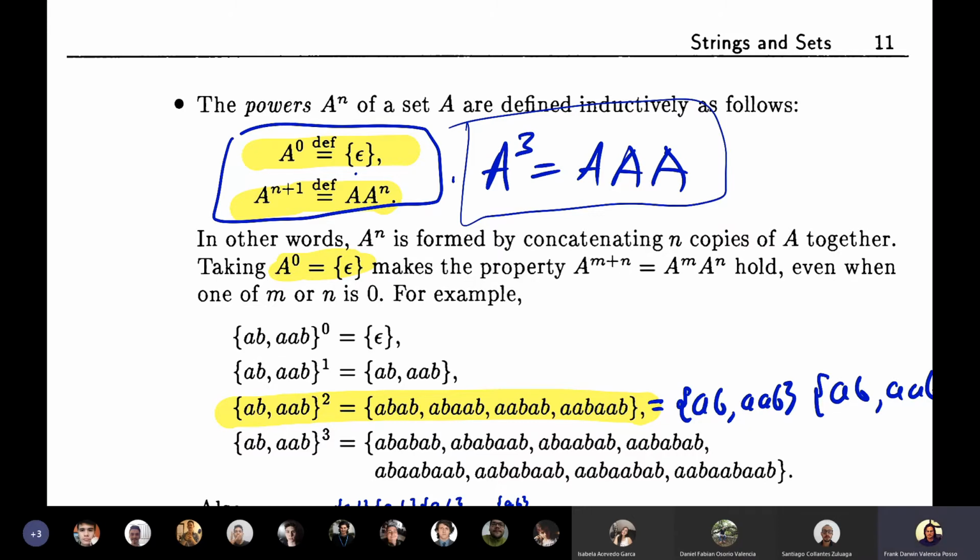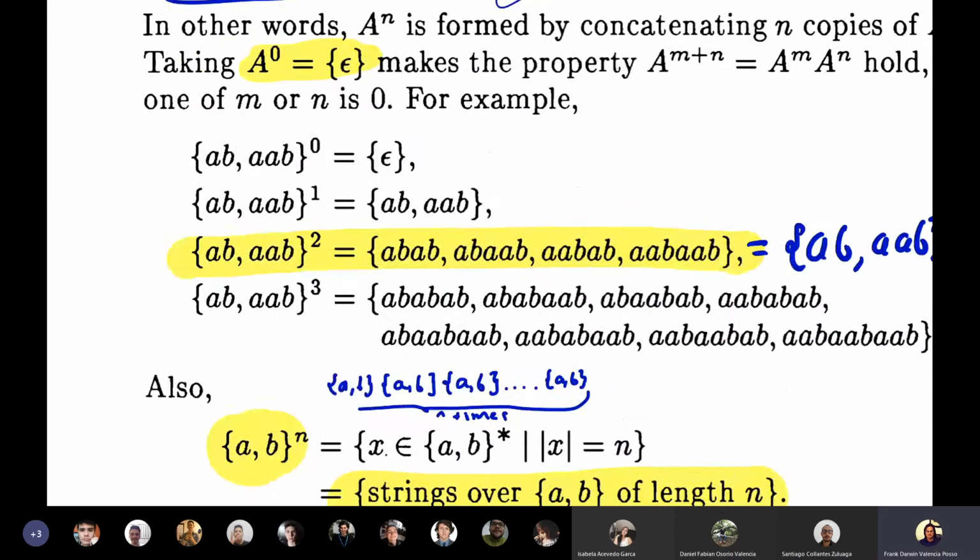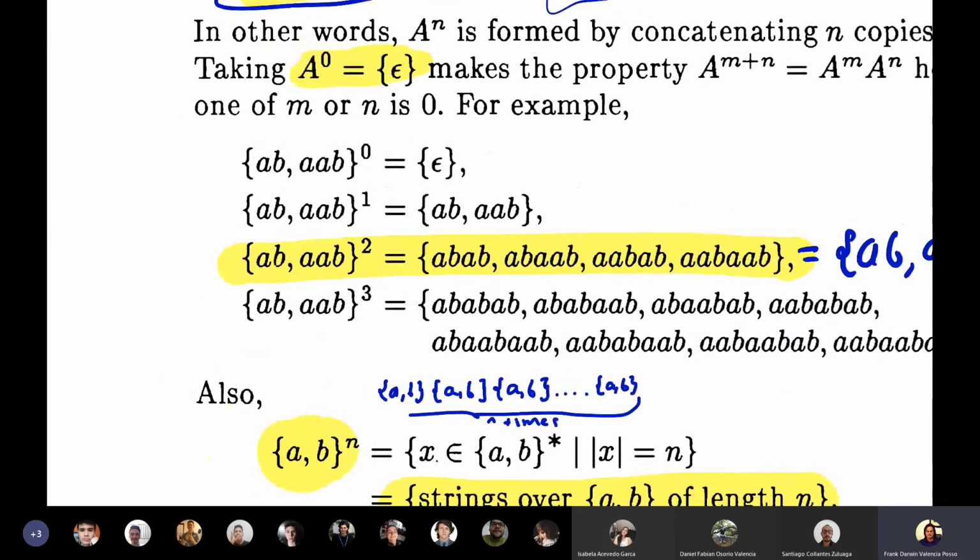As an example, the set AB, AAB to the square is this set. So you see why, right, or not?